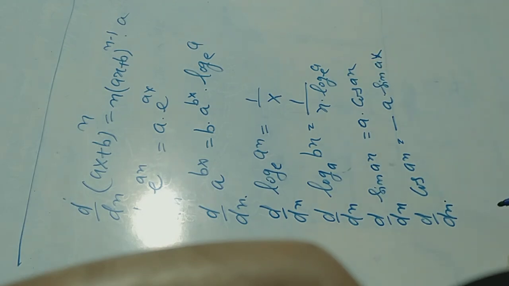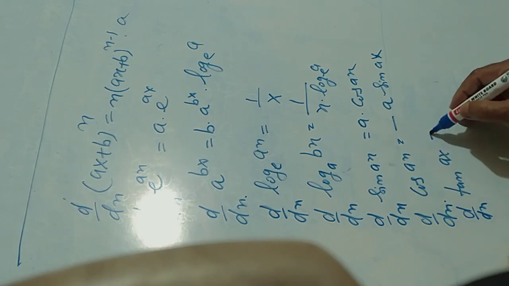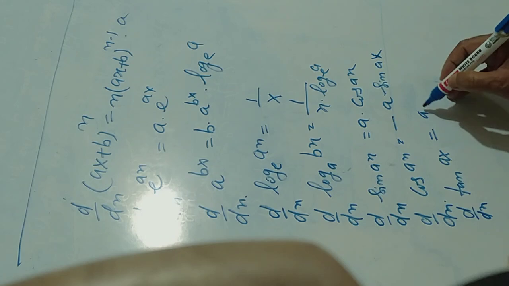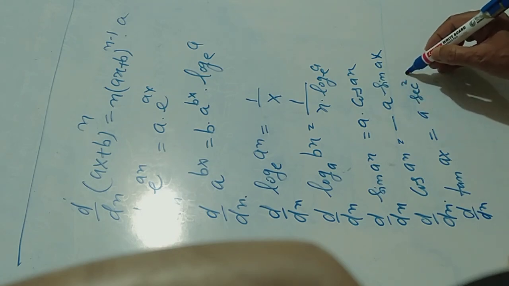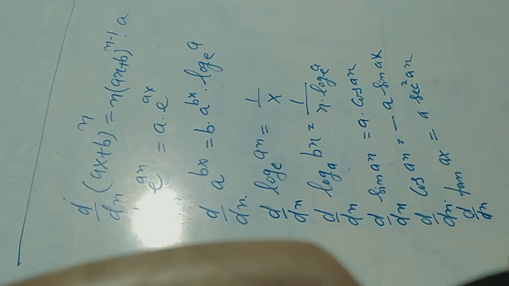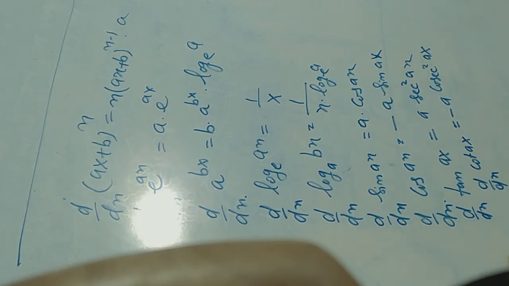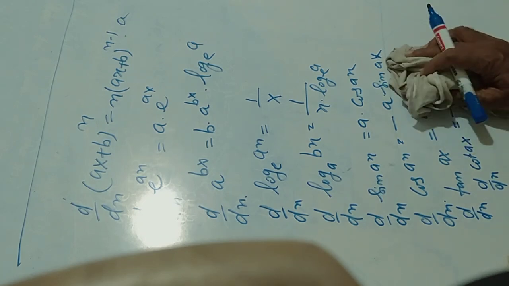Okay. d/dx of tan ax is equal to a sec square ax. d/dx of cot ax is equal to minus a cosec square ax. Okay, these are. Now come to next.